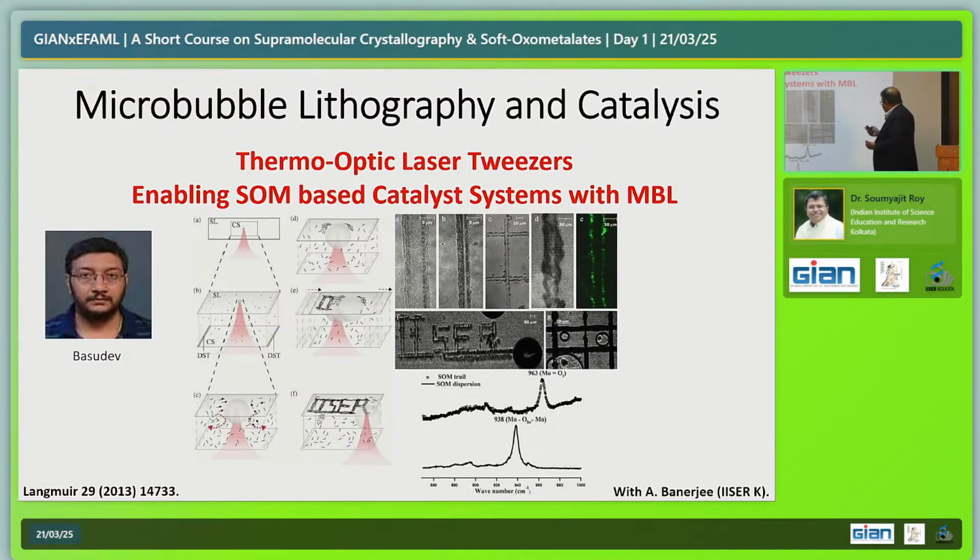We were also able to put some other units like fluorescent molecules in there. We put carbon nanotubes in there. We were able to pattern all these together with the SOMs. And then we thought, can we use them for some concrete application, because that will be quite interesting, because then you can miniaturize catalysis.